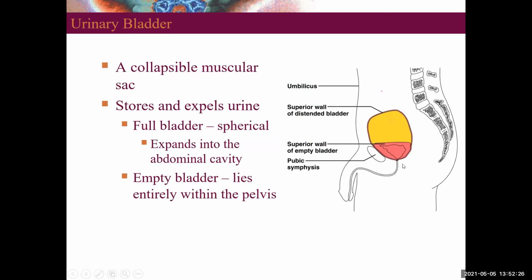Urinary bladder, you can see when the urine is full, the urinary bladder is an abdominal organ. You can feel it above your symphysis pubis, but when it is empty, it is a pelvic organ. Okay.